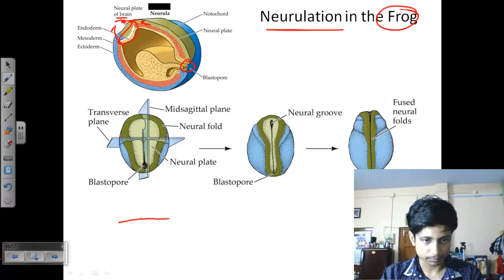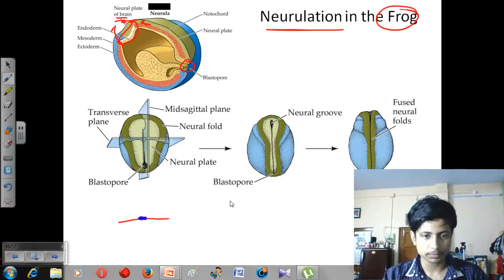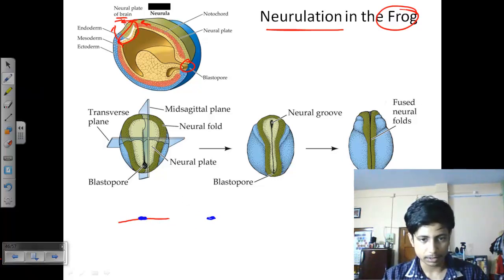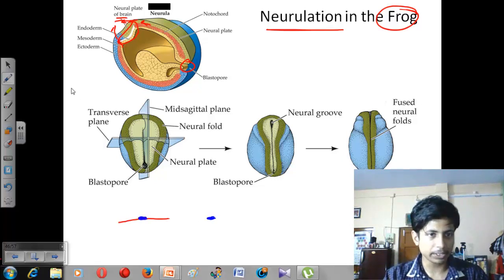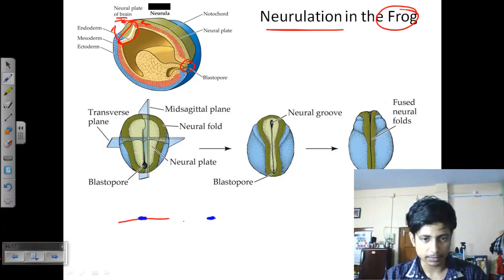Say this is the neural streak, or let's say the neural plate, whatever, and then cells in the middle, and cells start to increase on both sides, like this.